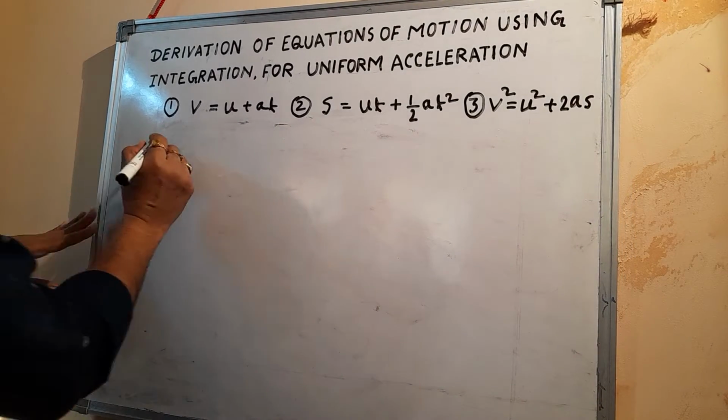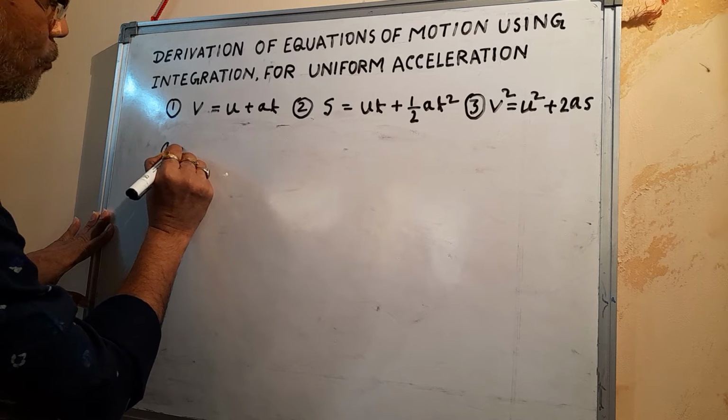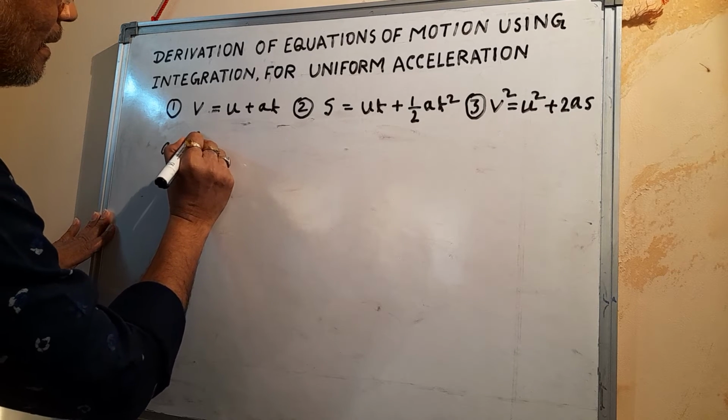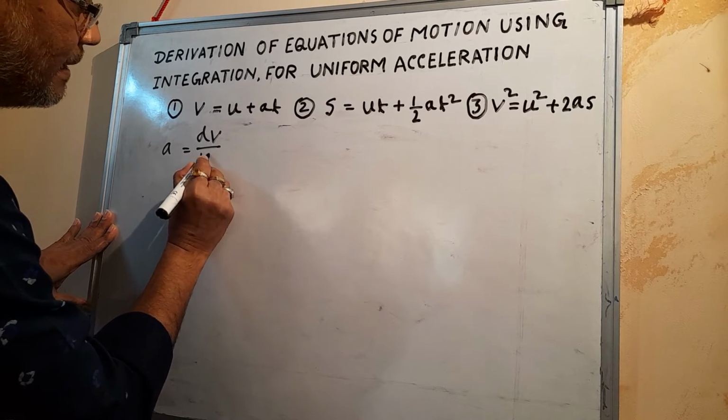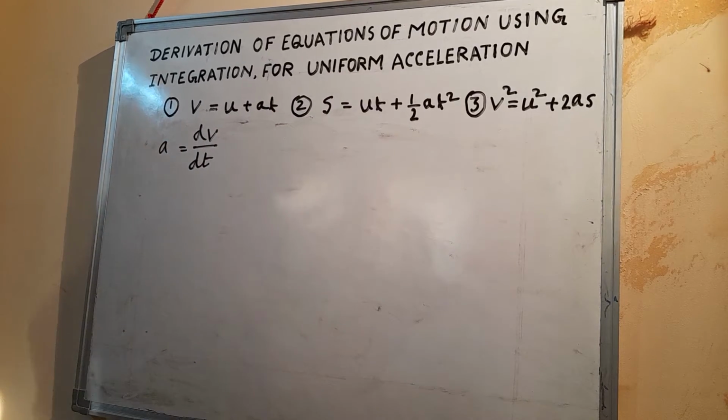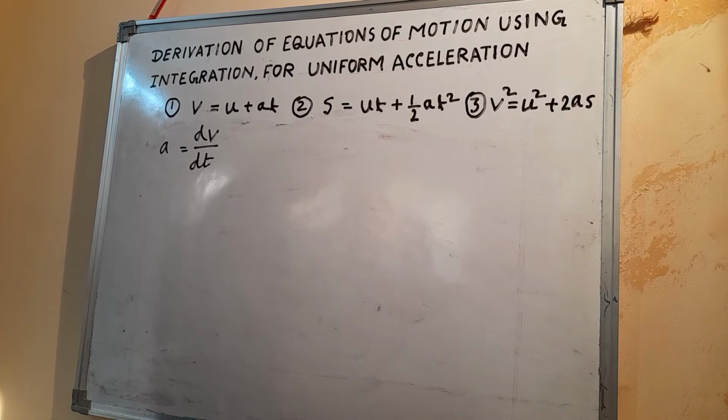Again, we know the acceleration a is dv by dt, the derivative of velocity with respect to time.